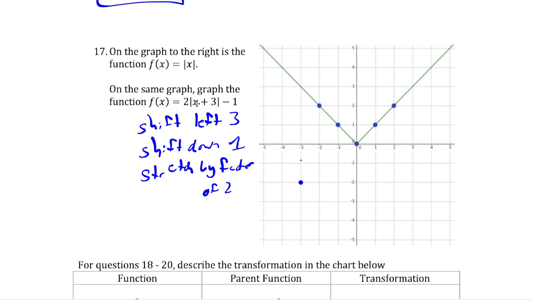I don't know why this is not working out. If I start at x is 0, I get the absolute value of 3 times 2 is 6, minus 1 is 5, so I should get 0, 5. Right. Let's see.